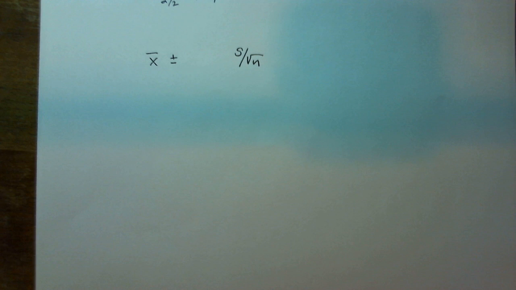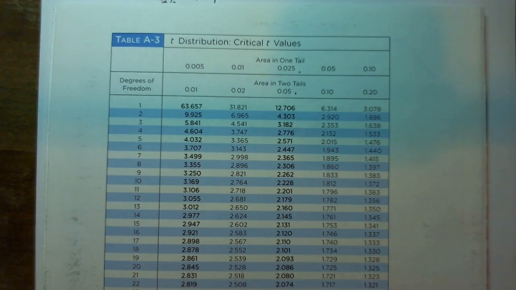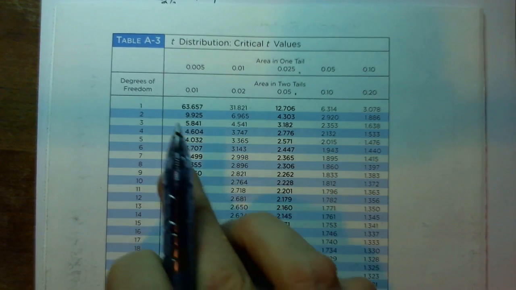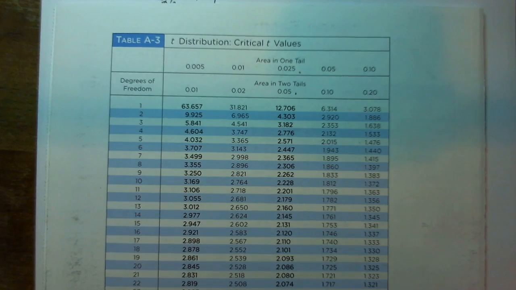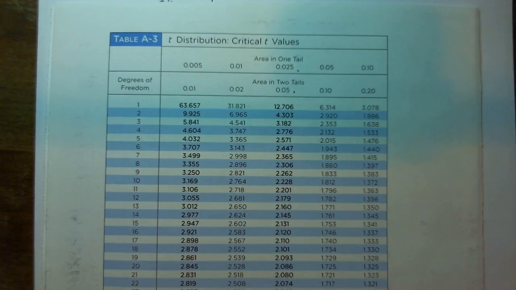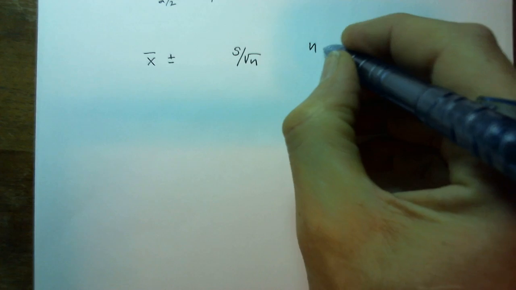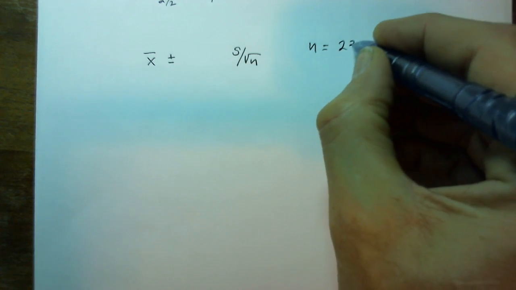If you don't have a TI-83 plus silver edition, you have to use this table, the T table. The T table not only has areas under tails, but it also has degrees of freedom. The degrees of freedom depend on how large your sample size is from which you got your s. So let's say we have a sample size where n is equal to 23.